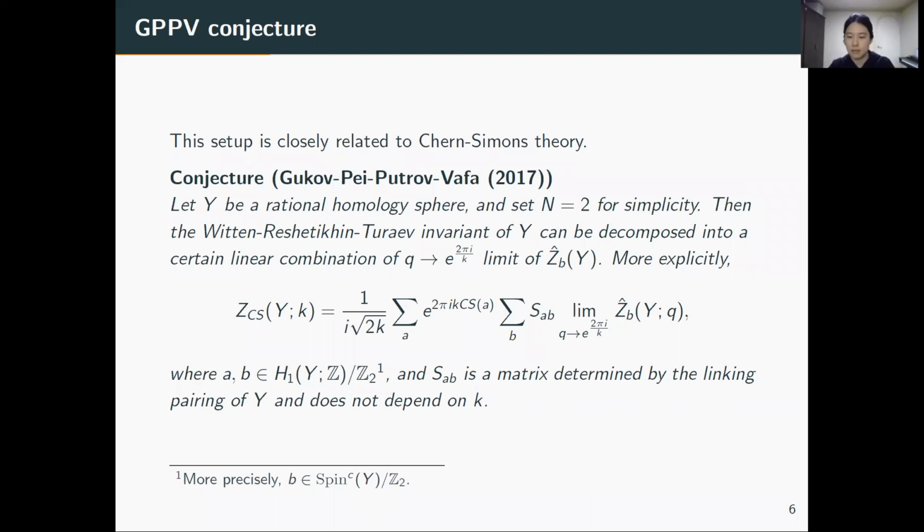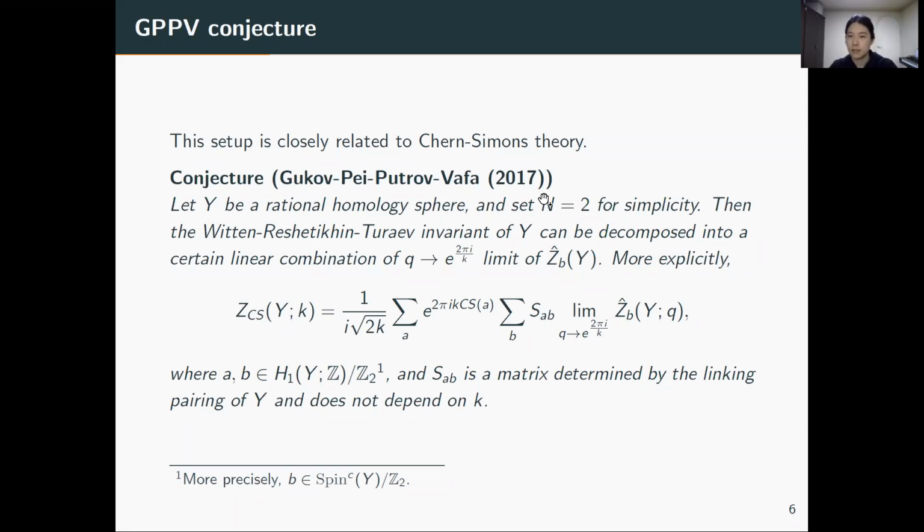So this setup is well known to be closely related to Chern-Simons theory. And let me just mention this conjecture by Gukov, Putrov and Vafa, relating this half index Z hat with the Chern-Simons partition function. For simplicity, let Y be a rational homology sphere, meaning the first homology group of Y is torsion.